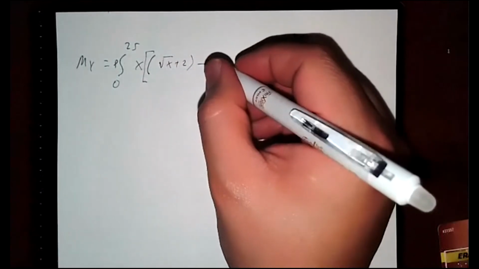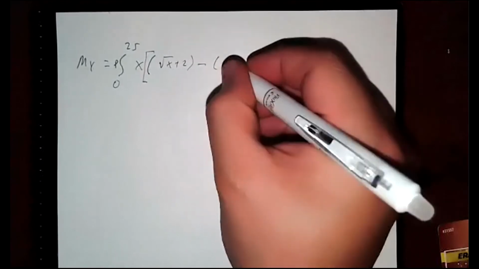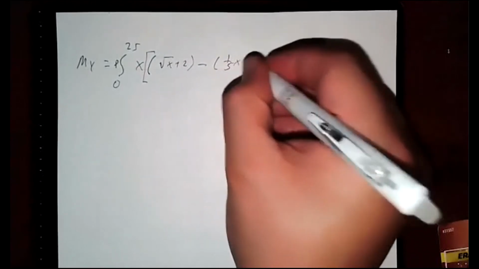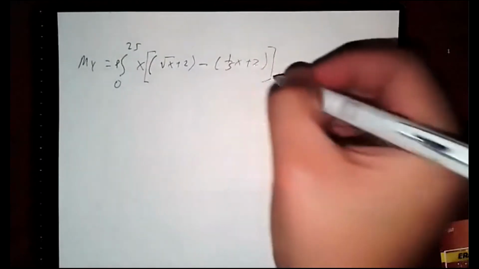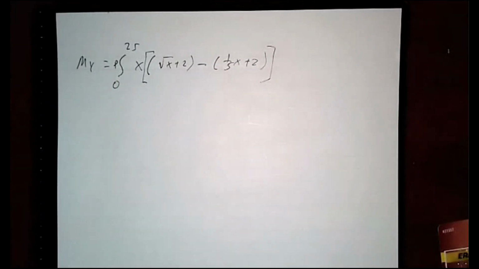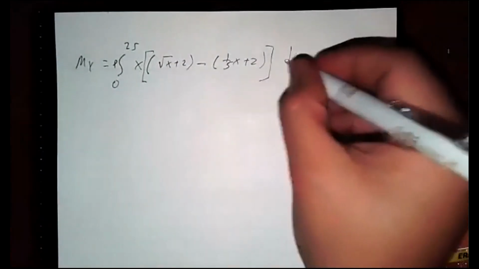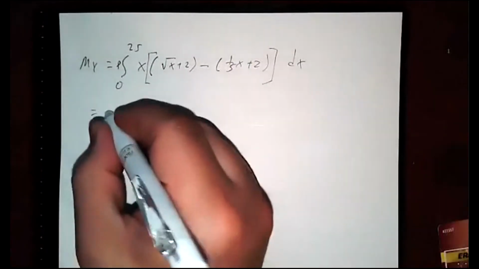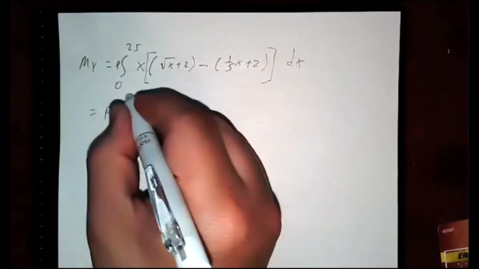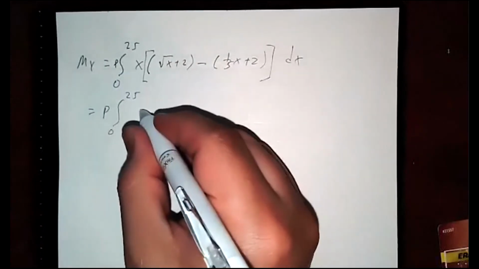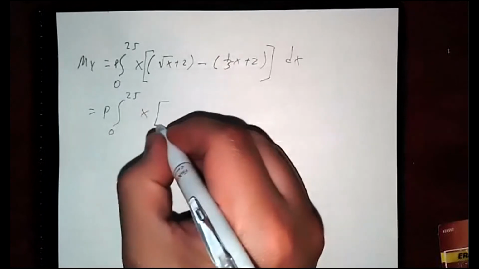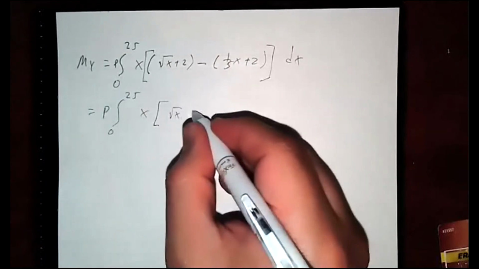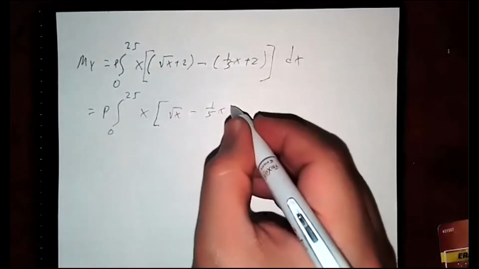Minus 1/5 x plus 2. Yeah. So we'll just integrate. This integral is not as bad as the last one, so that's good. So this will be x times the square root of x minus 1/5 x, because those 2's will cancel like last time.